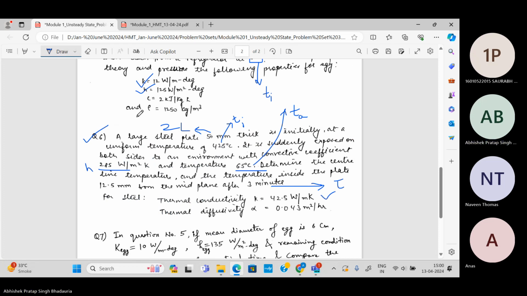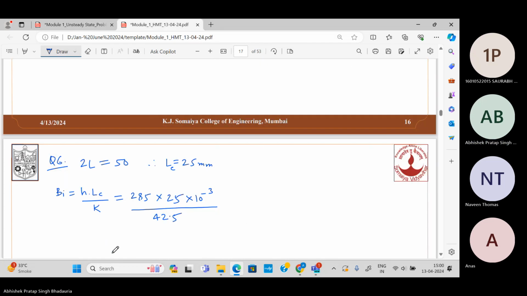This is given. Now the calculated value of Biot number is 0.167, which is greater than 0.1.